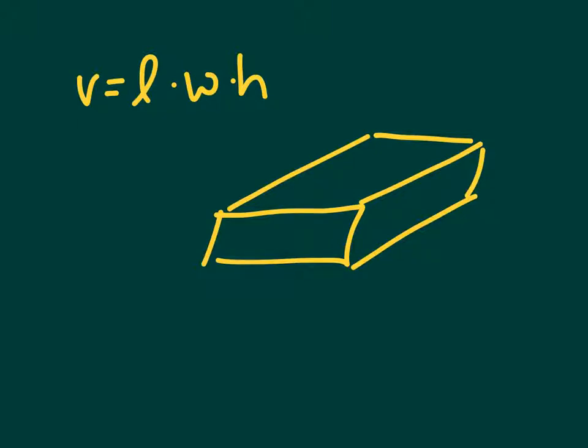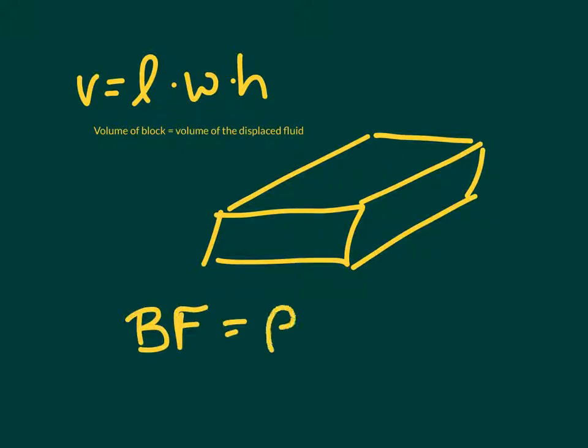And remember that the volume of the block is going to be equal to the volume of the displaced fluid. So if we put this block in water and push it down so it was completely submerged, our buoyant force is rho GV. Don't forget, there's our equation.